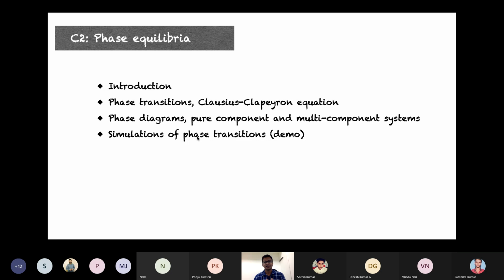The contexts are not new, but the way you understand and see phase transitions and phase equilibria, I tried to keep something new. Let's see if it is new to you. We'll be covering the phase transitions, the Clausius-Clapeyron equation, which every one of you knows, and phase diagrams.